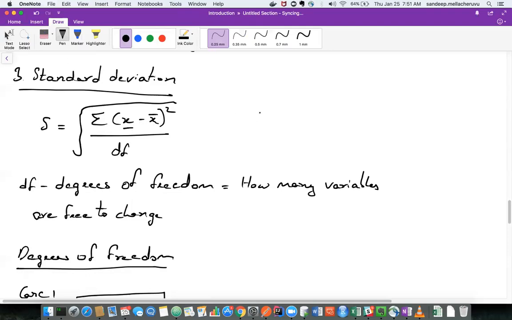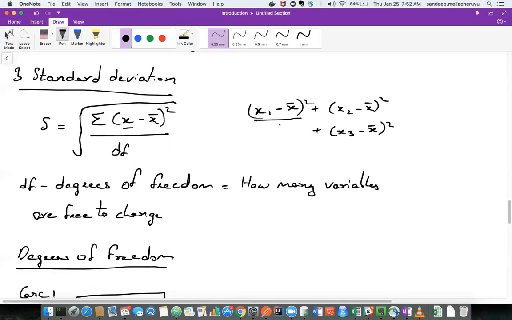But actually, in the numerator of the standard deviation, all we are doing is x1 minus x bar square plus x2 minus x bar square plus x3 minus x bar square. This is how we are calculating the standard deviation, right? Each term is a deviation from the center.